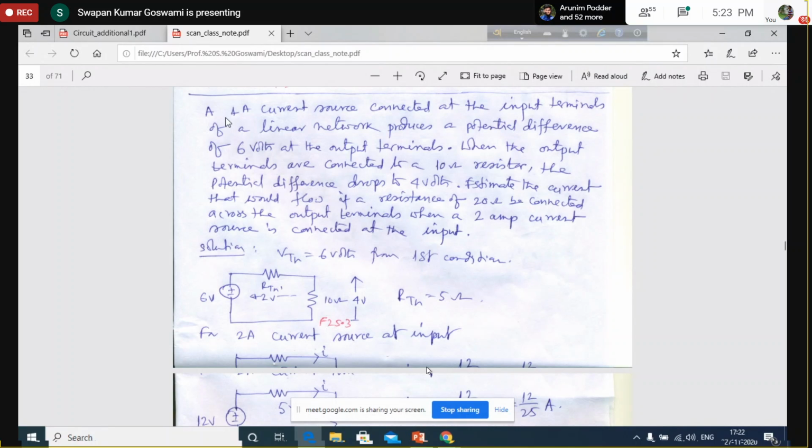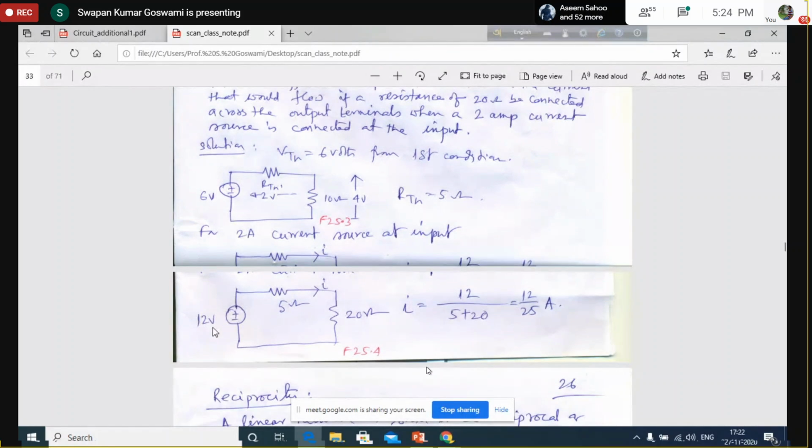For 1 ampere the voltage was 6 volt, for 2 ampere it will be 12 volt. 5 ohm is the internal impedance, and now you have connected 20 ohm across the output terminals. So the current flowing in the 20 ohm resistance will be 12 divided by 5 plus 20. This is the current. Is it clear now?